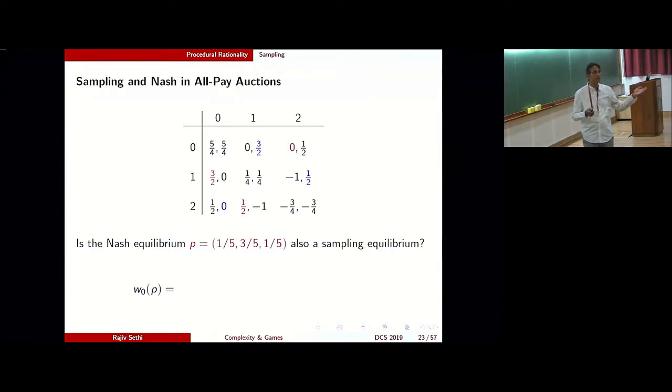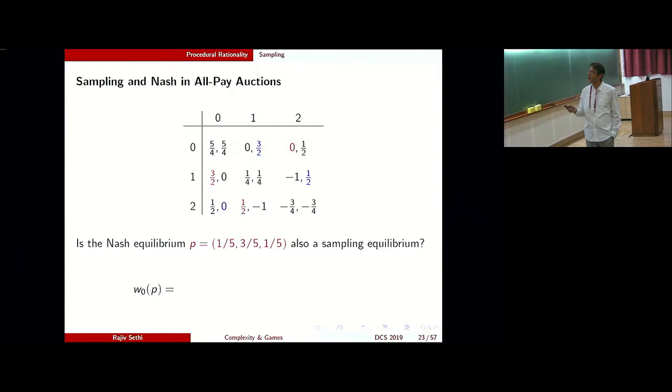So let's calculate the probability of that. The probability of getting 5/4 when I sample 0 is exactly 1/5. My opponent has to pick 0, I pick 0, I get 5/4. But now when I sample 1, I cannot get this because then 0 will not win. So I must get either 1/4, which is less than that, or -1, which is less than that. So one way in which 0 could win is: when I sample 0, my opponent plays 0 and I get this payoff.